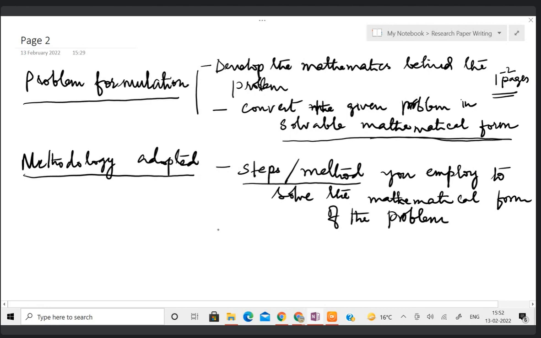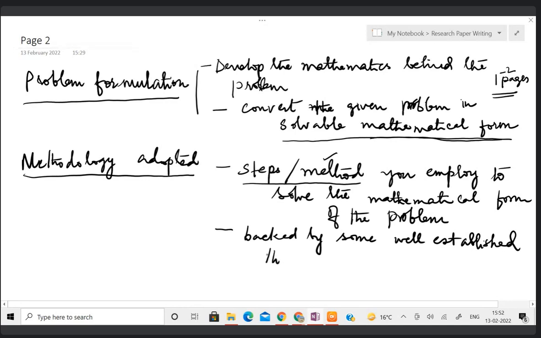And then this method, the method that is adopted, should be backed by some well established theory or analysis or mathematics.